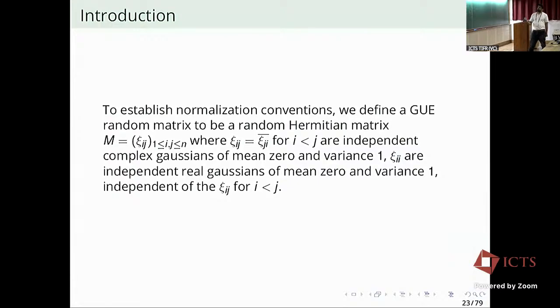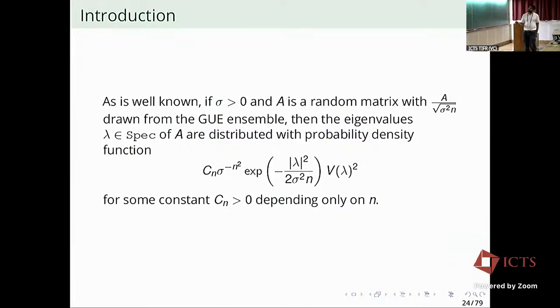But just to give the normalization conventions, we define a GUE random matrix to be a random Hermitian matrix M, where the xi ij equal to xi ji conjugate for i less than j are independent complex Gaussians of mean zero variance 1. The xi ii are independent real Gaussians of mean zero variance 1, independent of the xi ij for i less than j. So it is known that the spectrum of this GUE has this measure.